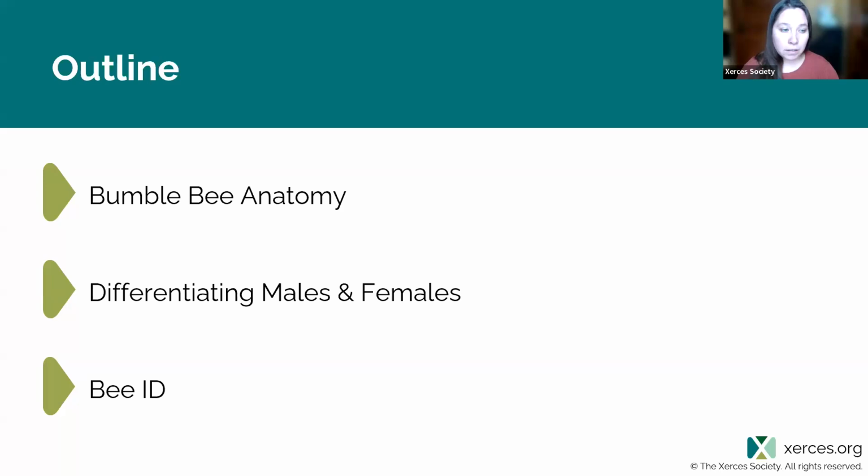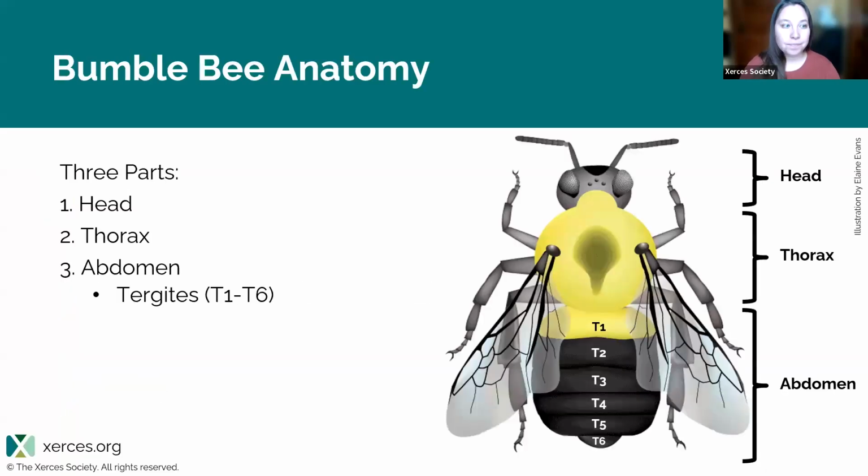I also want to spend a little bit of time discussing how you differentiate between male and female bumblebees, because we're going to be talking about ID for both males and females of the species that we're going to cover today. And then lastly, we are going to be going through an overview of identification for those six species that I mentioned earlier.